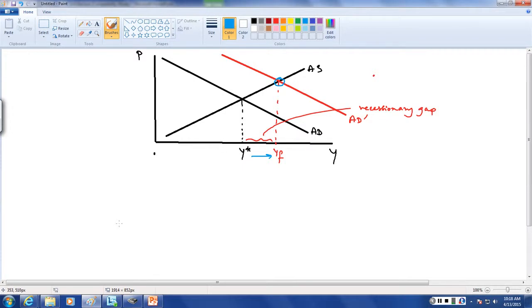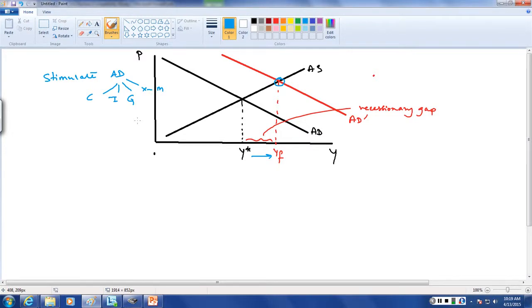And that recessionary gap will have been eliminated. Is that correct? So in order to get rid of this recession, we need to stimulate AD. And remember, AD consists of C, I, G, and NX, these are the four components of AD.